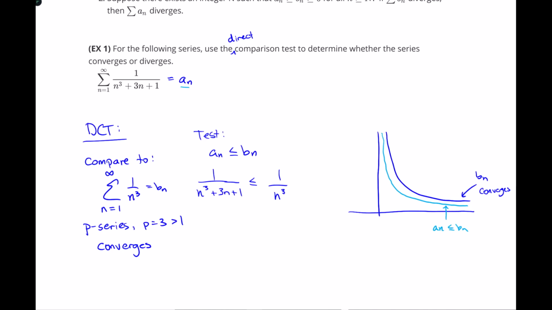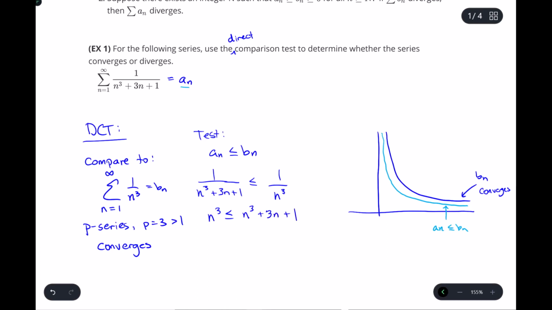Now, when you have two fractions in an equation or inequality like this, one thing you could do is cross multiply. If I do that, I would end up with n cubed times 1, which is n cubed, and n cubed plus 3n plus 1 times 1, which is itself.